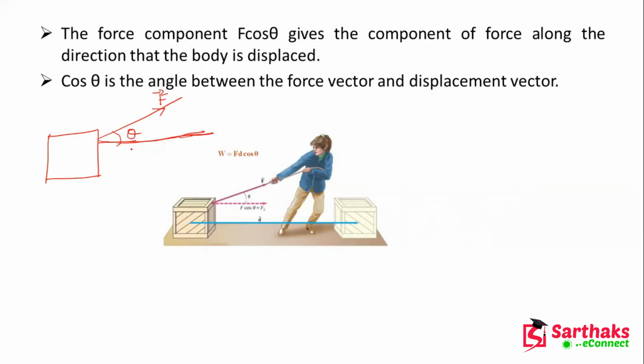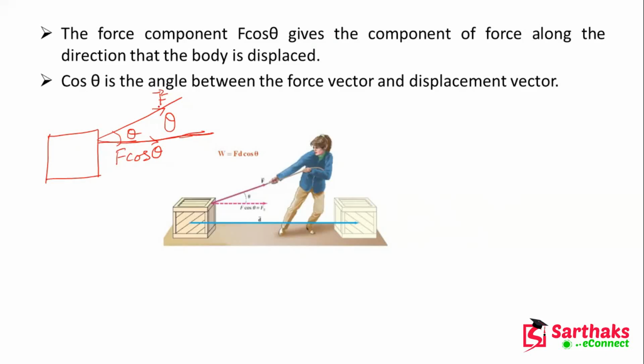Now with the horizontal line or x-axis, this force will make the angle theta, right? Now this component is F cos theta, and the force component F cos theta gives the component of force along the direction that the body is displaced.